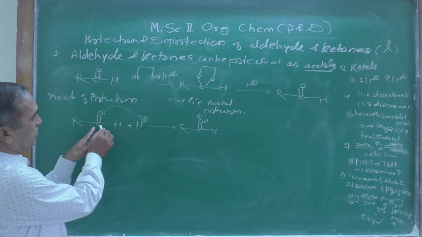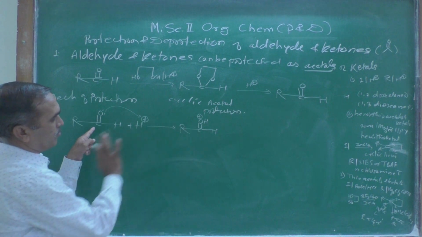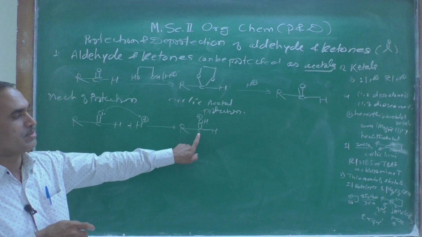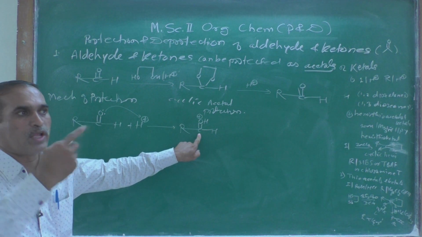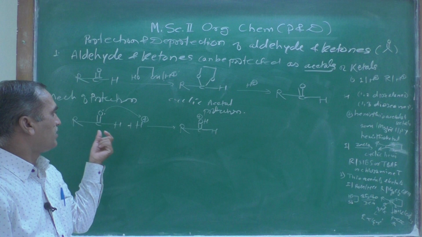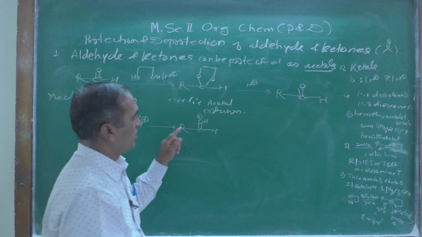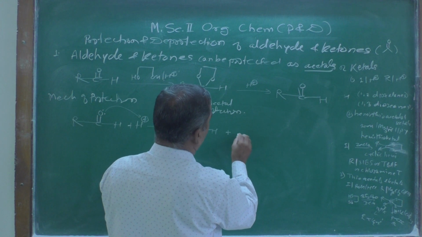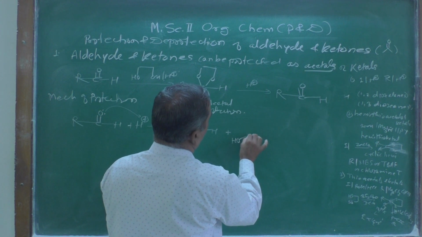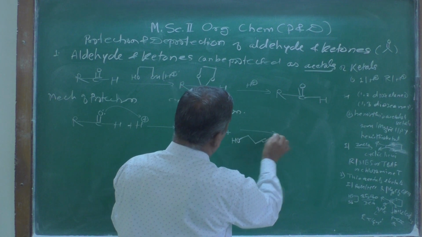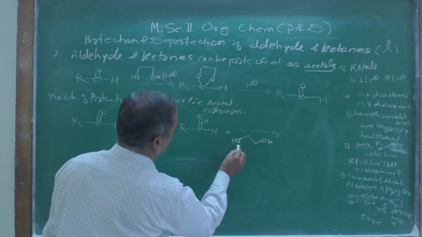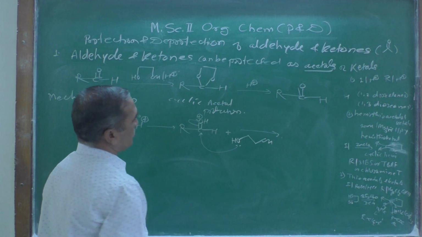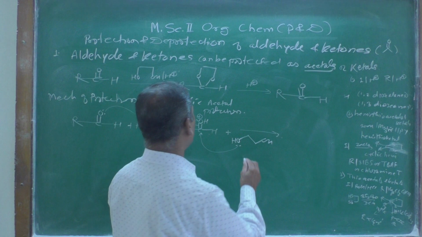Now, if you compare these two carbonyl carbons, which one is more electrophilic in nature? This carbon becomes more electrophilic in nature than the other carbonyl carbon, and therefore now there is an attack of this HO. You can write that this OH is now going to attack this carbonyl carbon, and the positive charge gets neutralized.